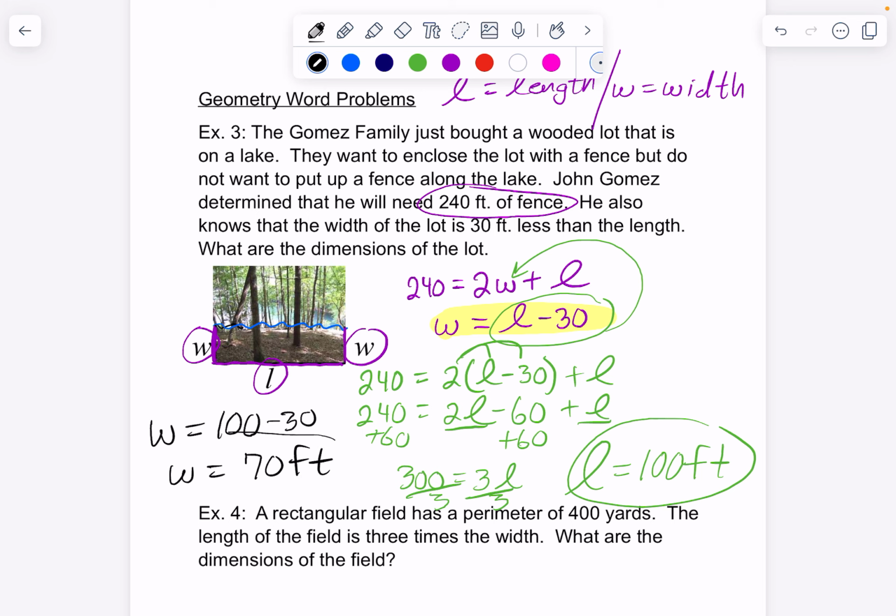And there you have it. Now you know the dimensions of the lot, which are usually given as length times width. So the dimensions: this is a 100-foot by 70-foot lot. All right, awesome.